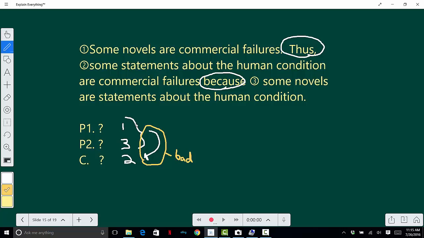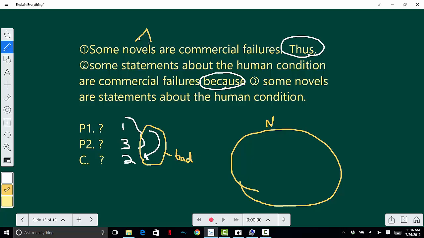But let's talk a little bit about why this is a bad argument. One of our premises says that some novels are commercial failures. So let's say we've got a universe or a set of circumstances in which we have all of our novels in this circle right here. So this is all of our novels.